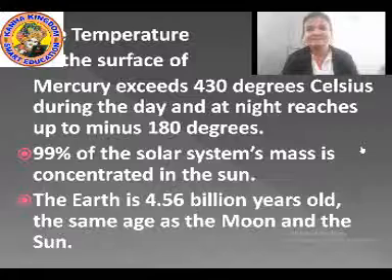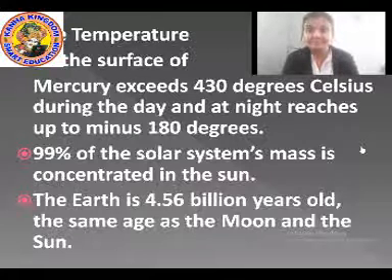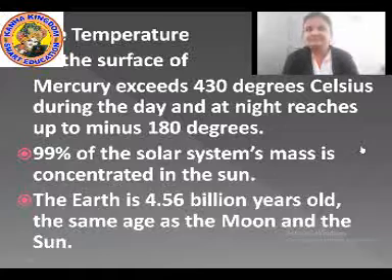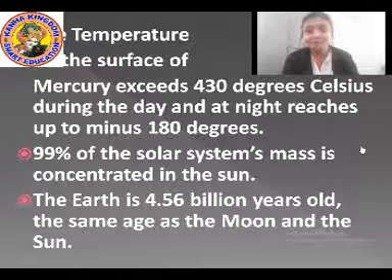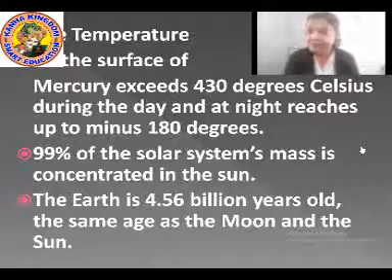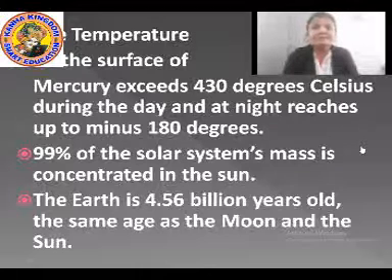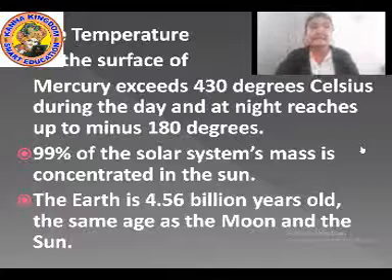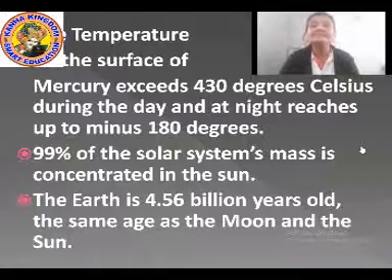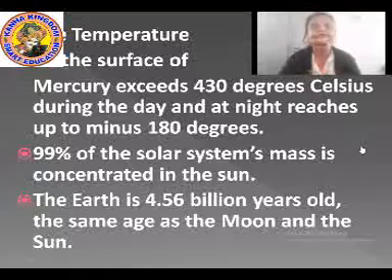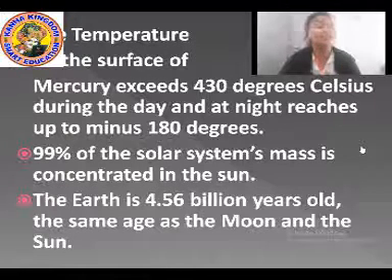Now if anybody asks you how old the sun, the moon or the earth is, you can easily answer that it is 4.56 billion years old.